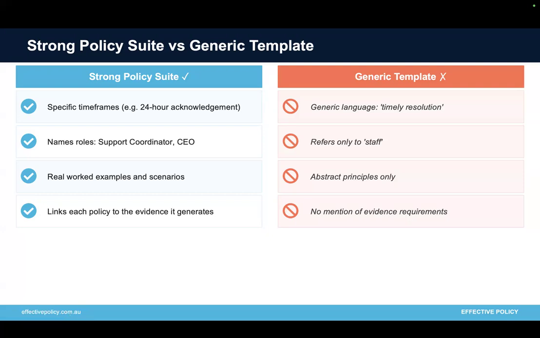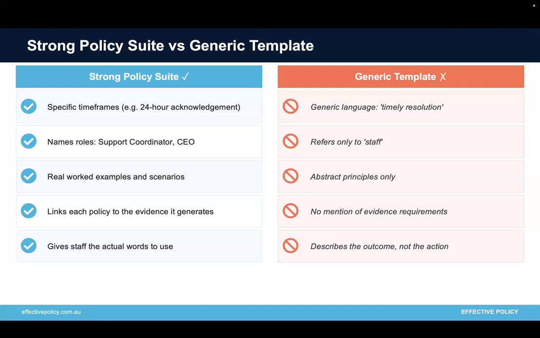Also, if you're not linking the evidence to something that you're saying you require and it's part of the practice standard, you will be pulled up and told the policy doesn't state what evidence they're going to use, etc. So if you keep thinking like this person has never done this job before, what would I need to tell them? It will come out better.